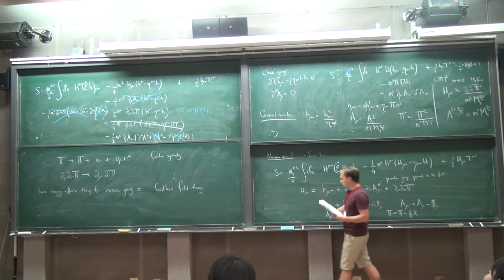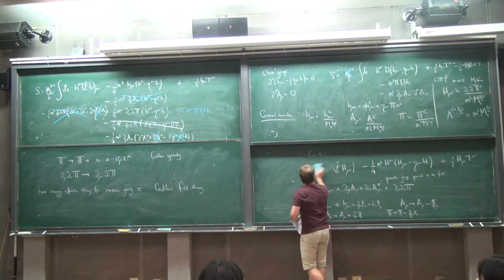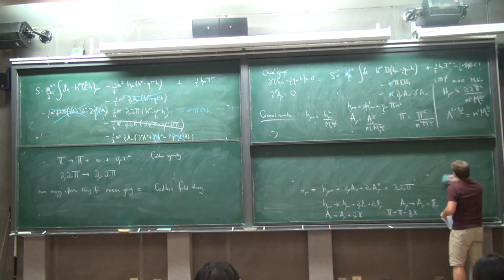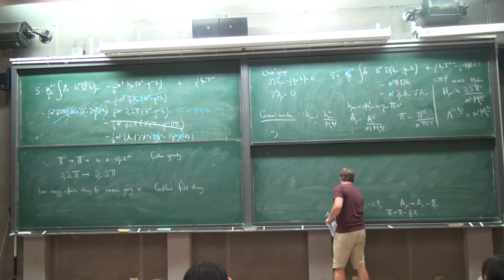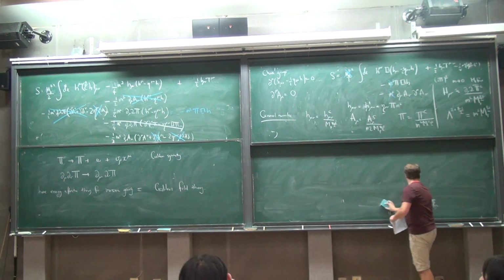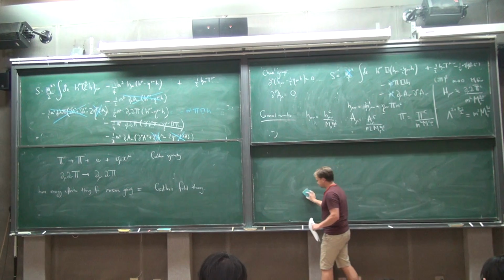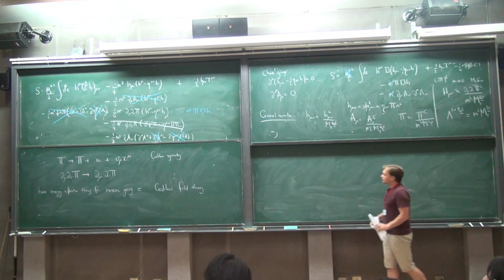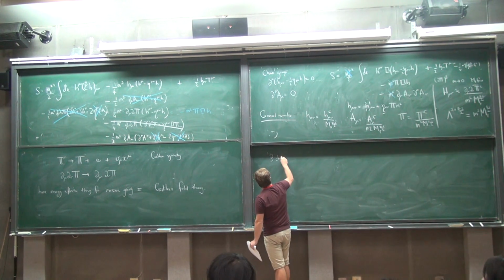So let me show you how this works for a concrete example of a theory in which gravity is massive. So what I'm going to take is an example of a theory in 3 dimensions for simplicity.